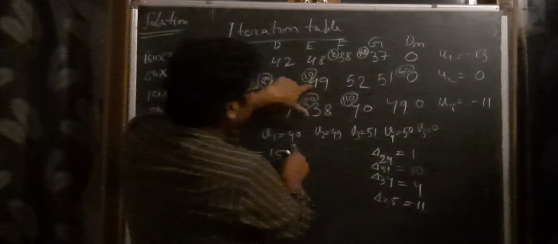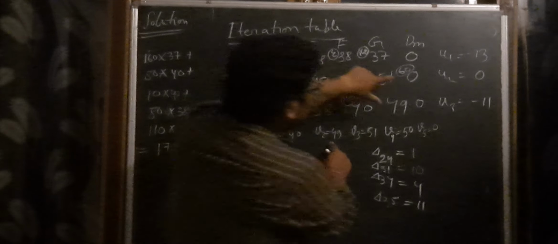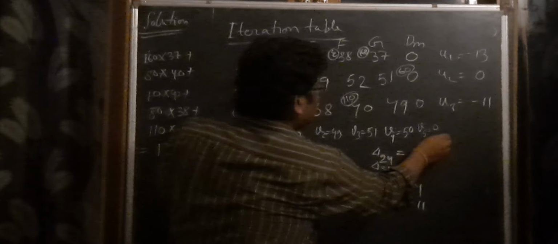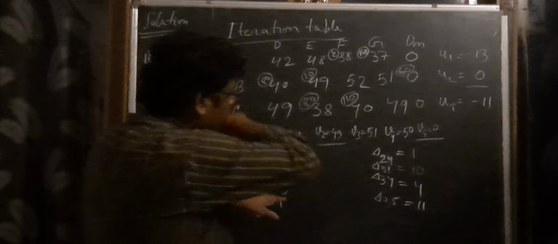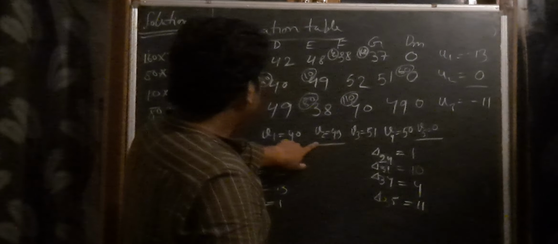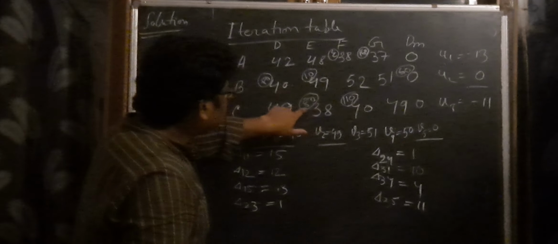Okay, the same way is the allocated box. 49 minus 0 is equal to 49, and this is also an allocated box. 0 minus 0 is 0. Okay, so we have found this, and this. Now by using this, that is, this is allocated.